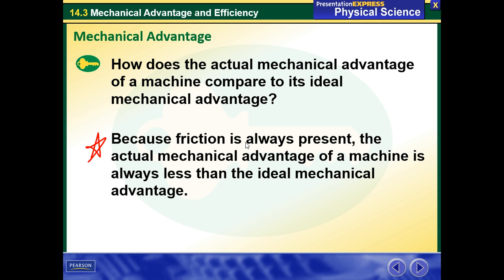So now that we've talked about the two differences, how does AMA compare to IMA? Well, because friction's always present in AMA, it's going to be less than ideal mechanical advantage, because ideal mechanical advantage does not have any friction.